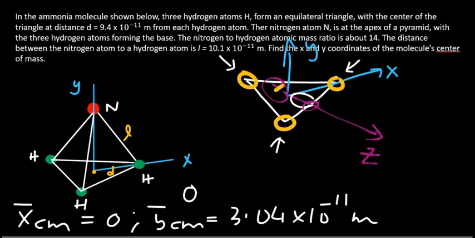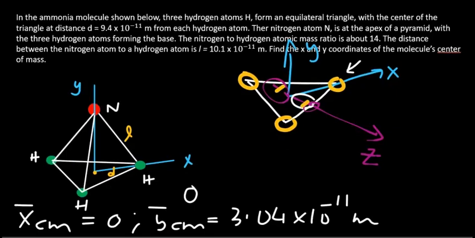But these two distances are the same, so that would make the z-coordinates of this atom and that atom equal in number but opposite in sign. As for the nitrogen atom, which is positioned on the y-axis, its z-coordinate is identically 0. So all this indicates that the z-coordinate of the center of mass of this ammonia molecule is identically 0. And that solves the problem.